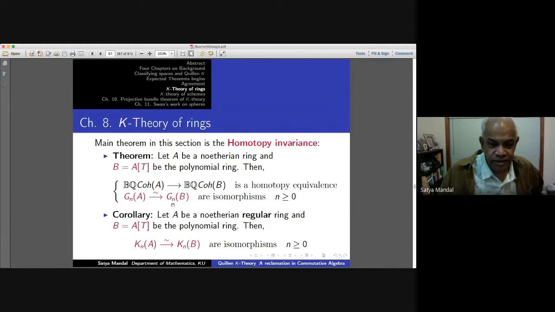I cannot say this for projective modules: K-theory of A will not agree with K-theory of A[T]. But if you assume A is regular, then G-theory and K-theory agree, as I said. So you can state this theorem.